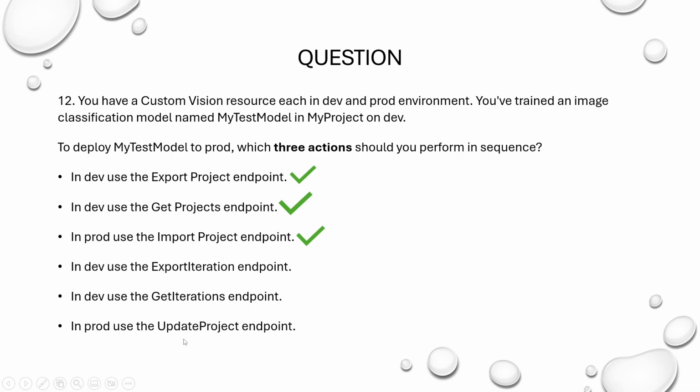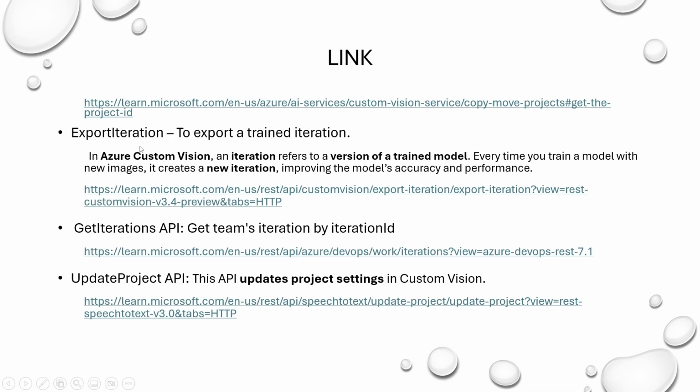Now there are other options here which says ExportIteration endpoint, GetIterations endpoint, UpdateProject endpoint. Let us have a look what these are. So first is ExportIteration. It is to export a trained iteration. So what is an iteration? In Azure Custom Vision, an iteration refers to a version of a trained model. Every time you train a model with new images, it creates a new iteration, improving the model's accuracy and performance.